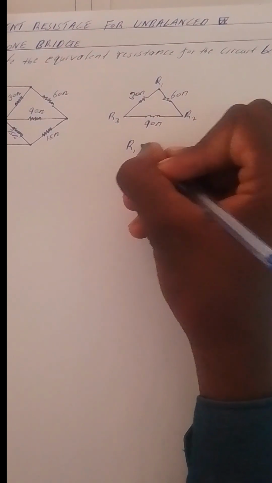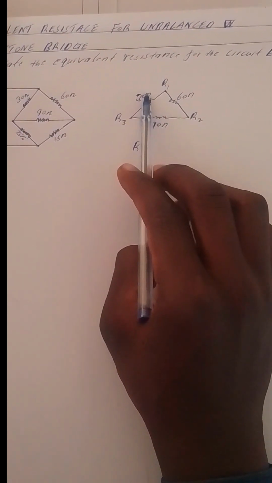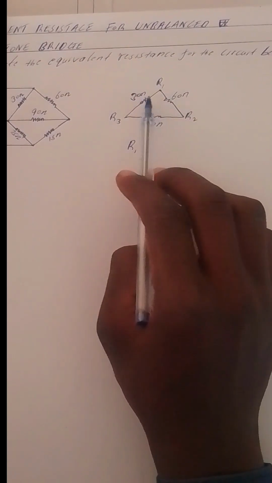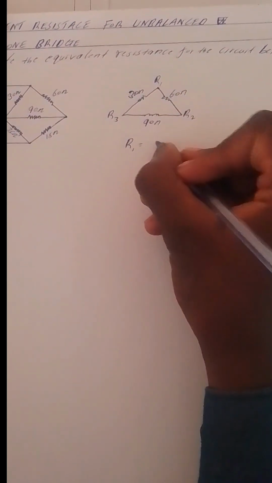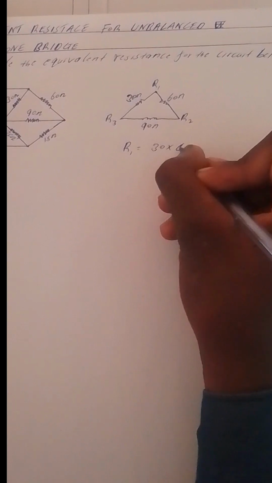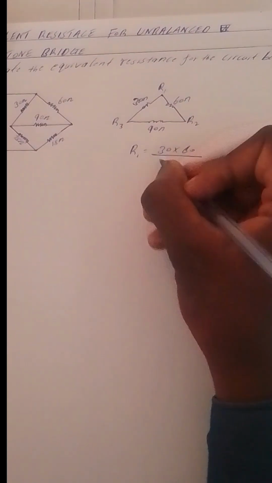Let's start by solving R1. You take this one times this: 30 times 60 over the sum of all of them, 90 plus 30 plus 60.